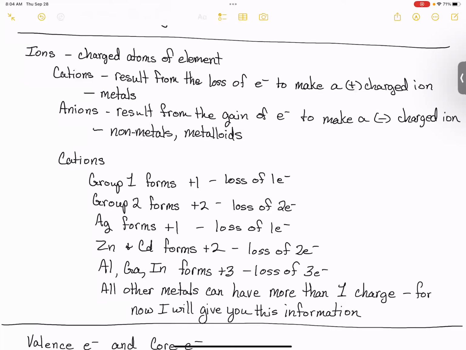So lithium, sodium, potassium, it doesn't matter what compound those elements are in, those elements will be in the form of a +1 charge. Your alkaline earth metals will always form a +2 charge. In other words, your group 2 metals will always form a +2 charge. So beryllium, magnesium, calcium, if you find those in compounds, they're going to be in the form of a +2.